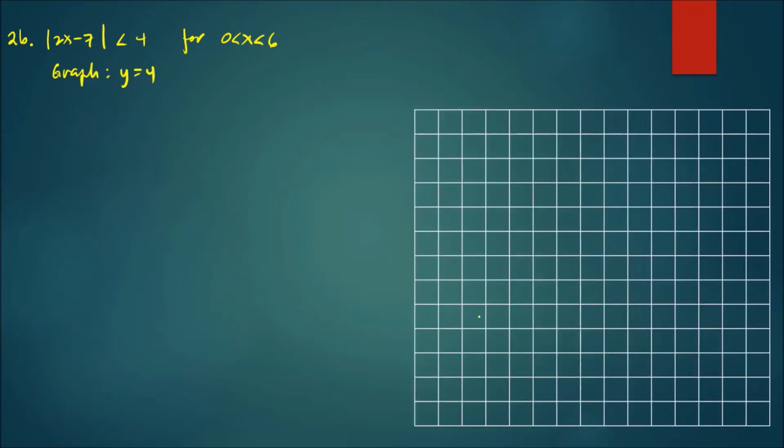So if this is our x-axis, and this is our y-axis, then y equals 4 would be 1, 2, 3, 4. Would be this. So this is y is equal to 4.